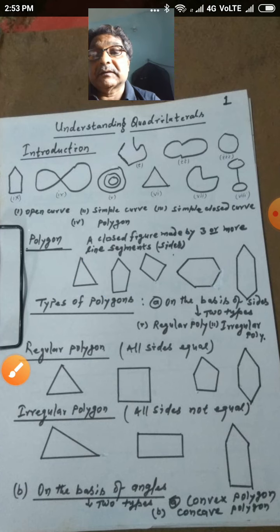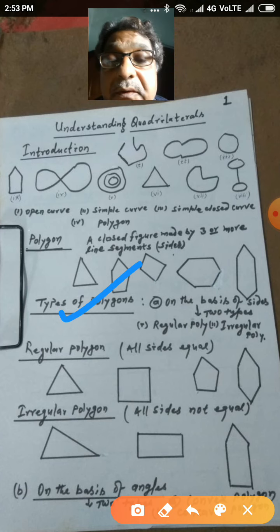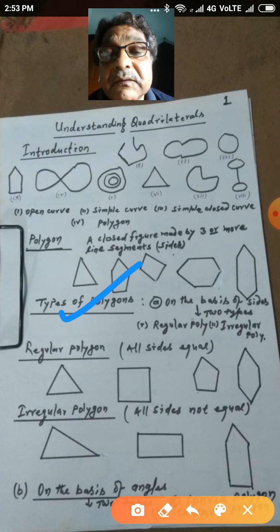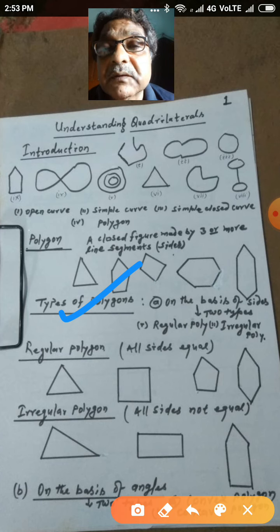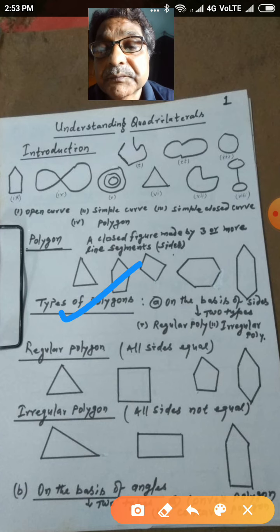So let us take its types. Actually polygons are classified on two bases. First is on the basis of sides, meaning on the basis of length of sides. On that basis, polygons are of two types. One is regular, another is irregular.